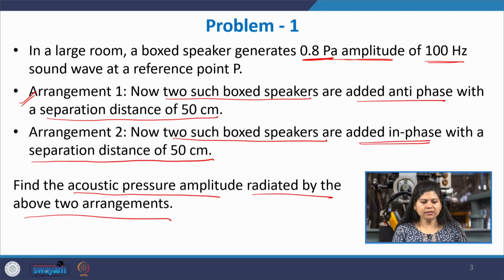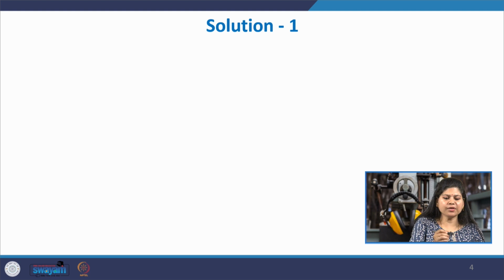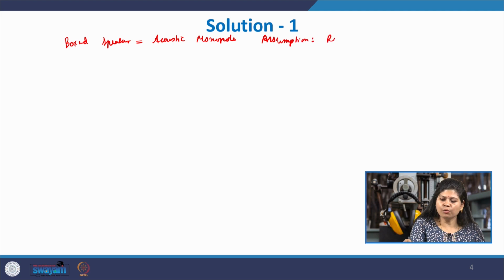So, let us see here. In the very first case, a boxed speaker behaves like an acoustic monopole, and considering the assumption that the room is much larger than the speaker dimensions, it is given as a very large room.